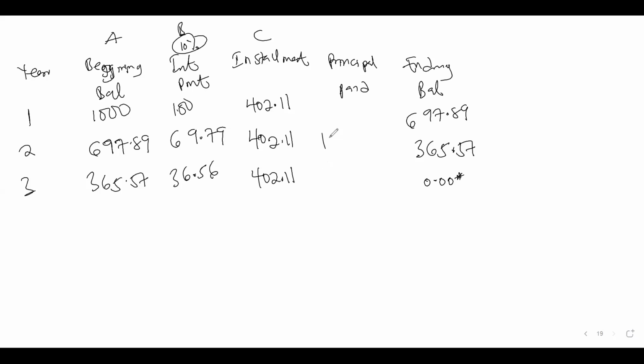I subtract the interest from the installment. The remainder will be the principal. So 402.11 minus 100 is 302.11. That will be the principal. Then 402.11 minus 69.79, then 402.11 minus 36.56.